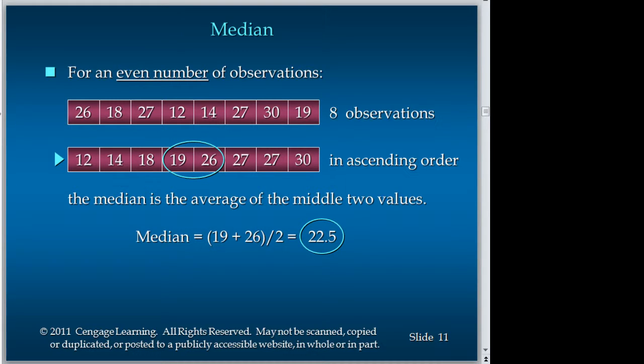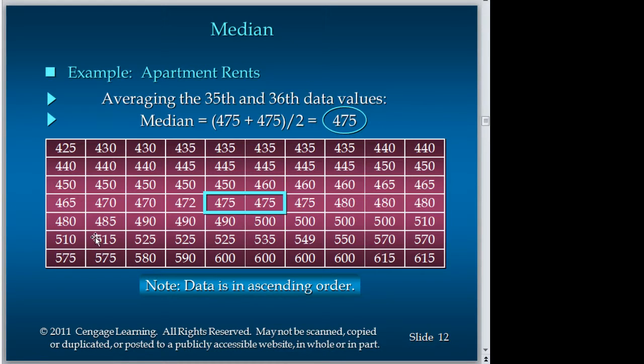Now, if we apply the same principle here, let's say we have 70 different data points. 70 is an even number. So which two are going to be the middle two numbers? So 70 divided by 2 is 35.